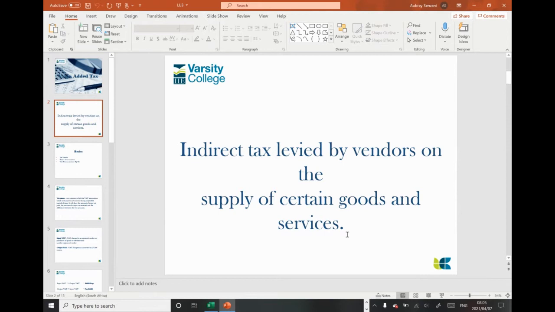Now, indirect tax, as you can see on the slide there, is tax levied by vendors on the supply of certain goods and services. So this is actually the definition of VAT. It is an indirect tax that's levied by vendors, in other words, people who are providing a good or service, on the supply of certain goods and services.